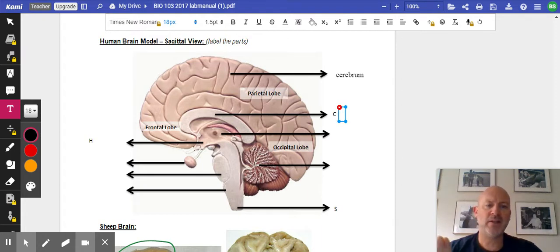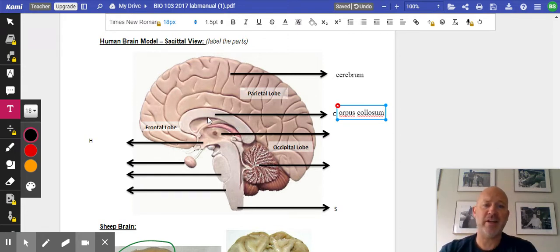We do have a right and left hemisphere in the brain. Typically, the right side of the brain controls the left side of the body. The left side of the brain controls the right side of the body. But these two sides need to communicate with each other. And this is where the corpus callosum comes in. Corpus callosum is one of the most easily recognizable structures in the brain.